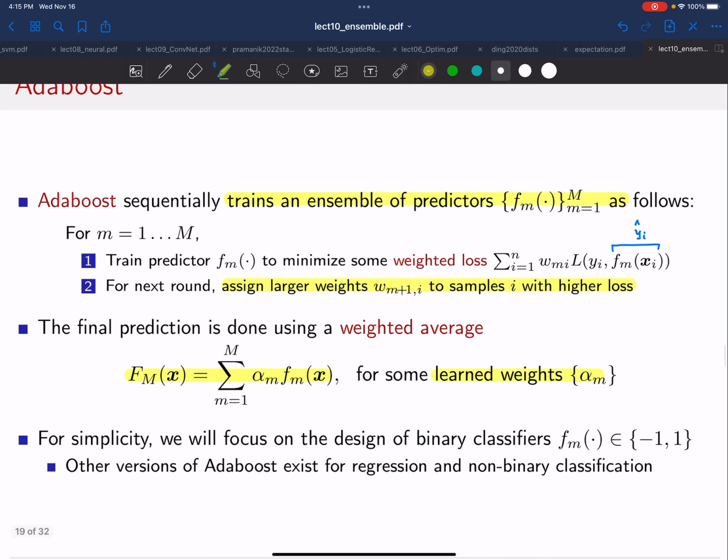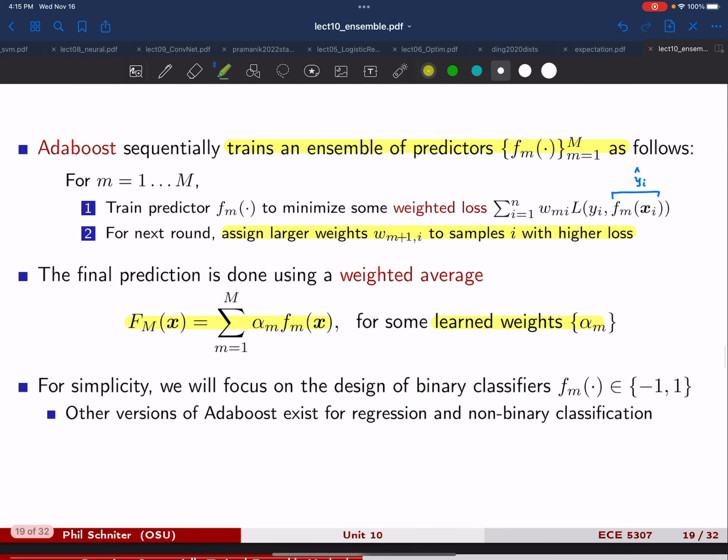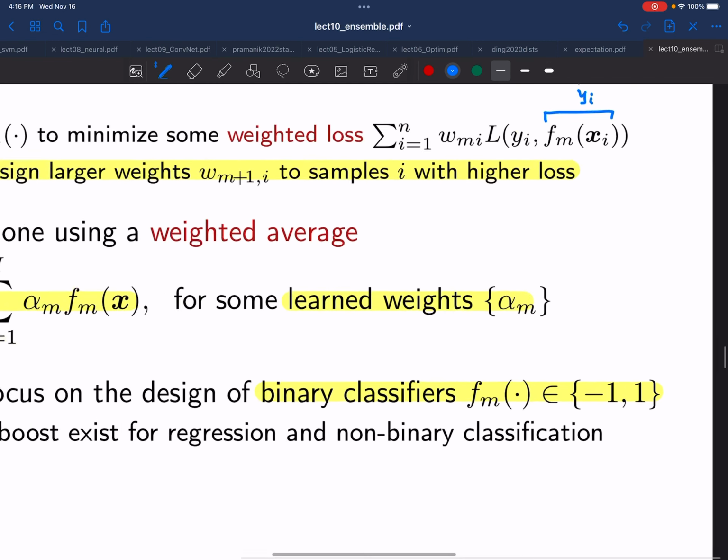So in the end, we want to learn a sequence of predictors as well as a sequence of weights. So we can do this with regression or classification, but to keep things simple, we're going to focus on binary classifiers today. And notice that these are hard output classifiers.